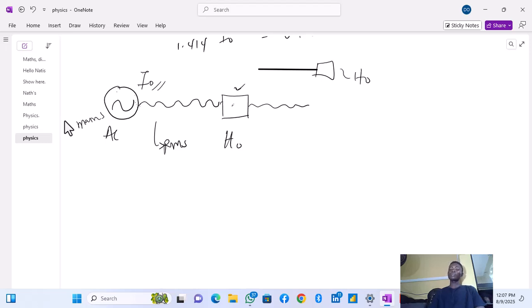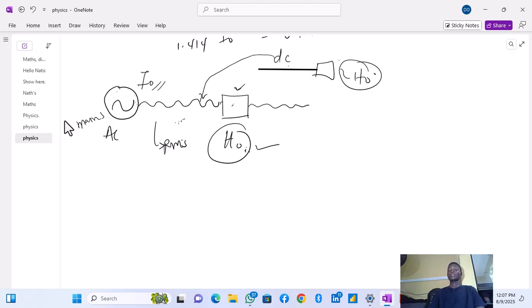It's saying that the value of the DC current that gave me this same exact heating effect is the RMS value. So this I0 is not what gave rise to this H0. Ideally, I0 will give rise to something more than H0. Do you get that now? Because the current is much, but along the line, some of the current has been lost. You get that now?